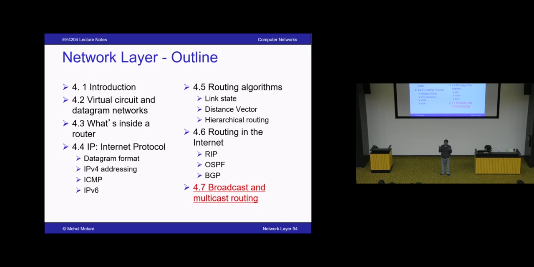Or maybe if we're all playing an online game, then the world is something that needs to be shared amongst everybody. If I make a move in this world, I want everybody else's game to reflect that. So there you have many senders, many destinations. We'll talk a little bit about routing and how we construct routing trees in that scenario.